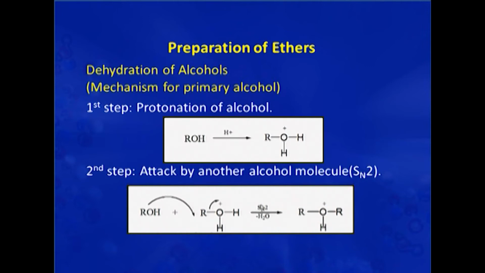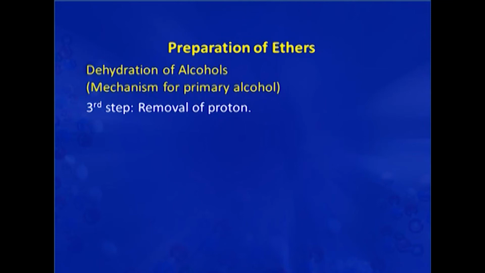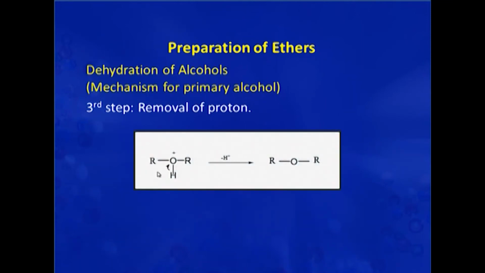The mechanism followed here in case of primary alcohol is SN2 mechanism or substitution nucleophilic bimolecular, in which there is no formation of carbocation, but the nucleophile attacks from one side and the leaving group goes out from the other side. In the third step, removal of proton from protonated ether and formation of ether. So, this is how a primary alcohol is converted into ether by the dehydration method.